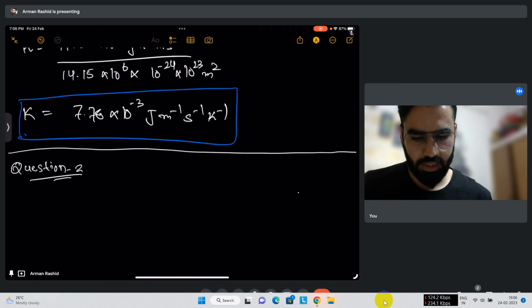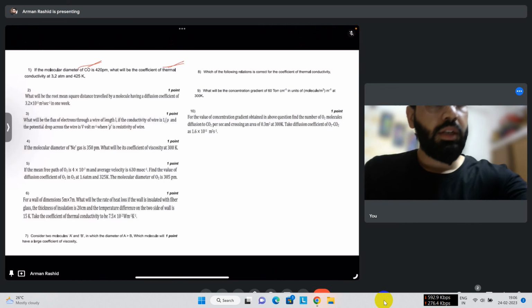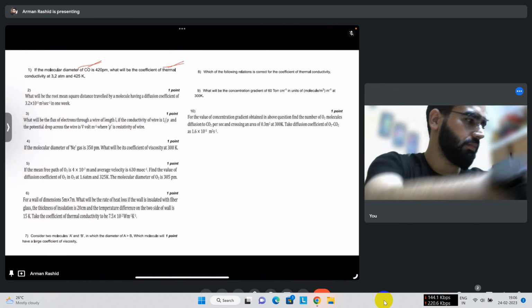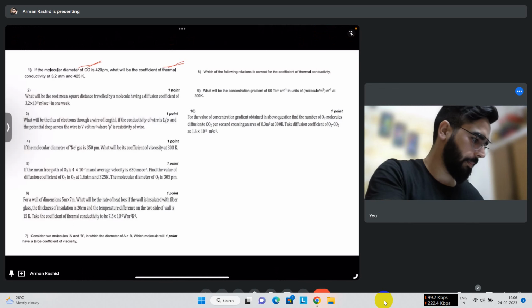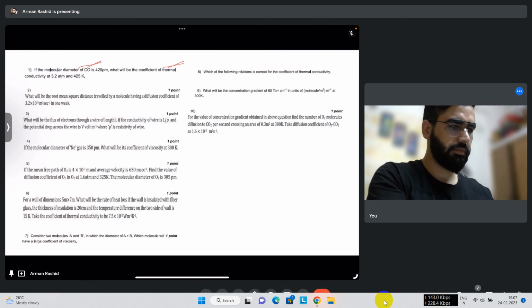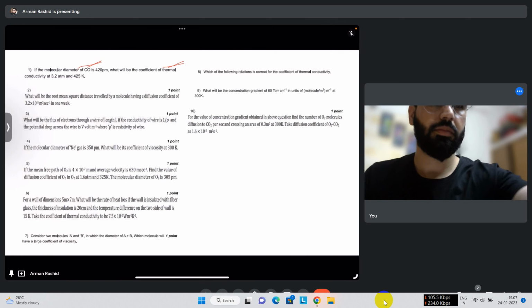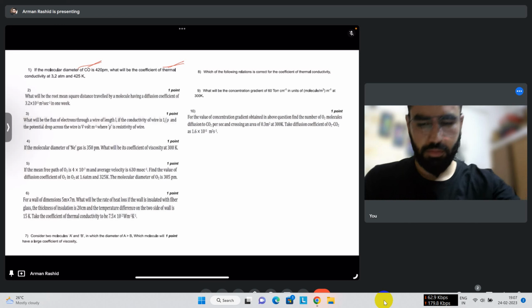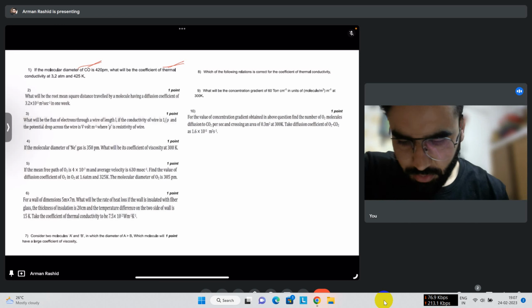Okay, so question 2 is: what is the root mean square distance traveled by a molecule having a given diffusion coefficient in 1 week?